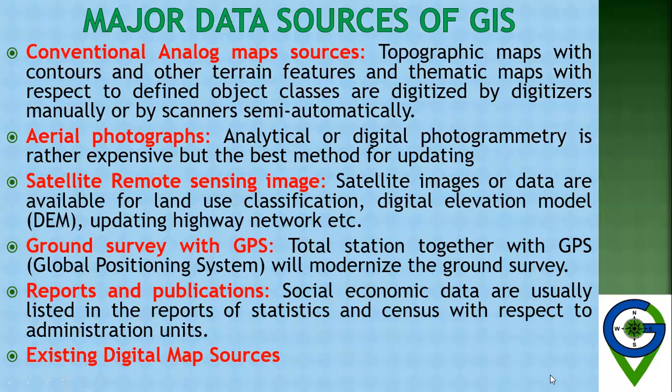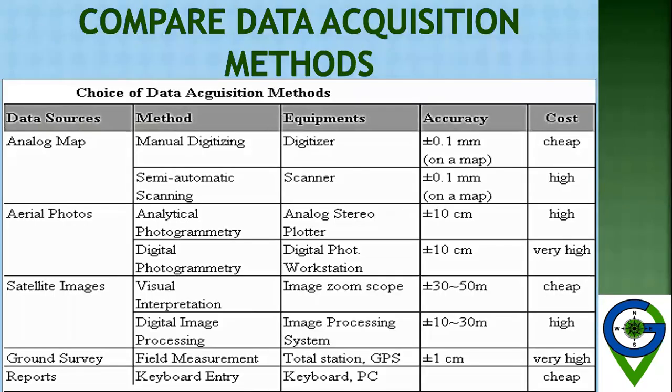So a GIS can use information from many different sources in many different forms. As you see, all this information is in different formats, but all these formats are compatible with the GIS.